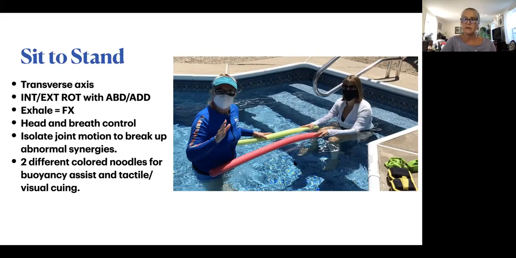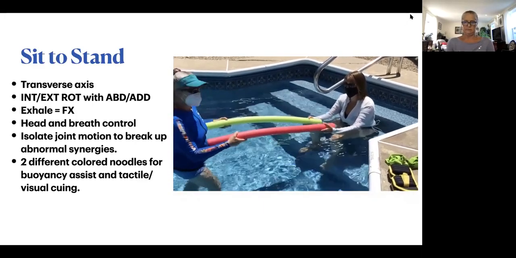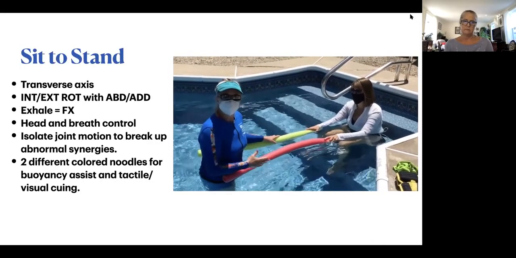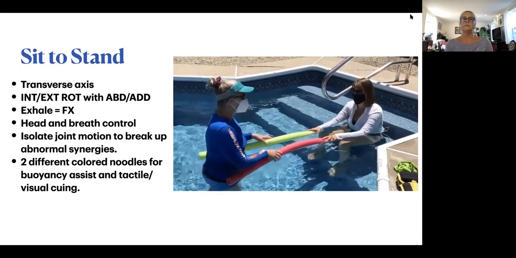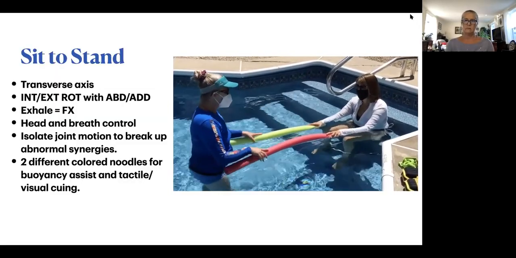So I break it down into small movements. We're using an extension. Not only does it offer really good tactile cueing, but it also gives the distancing that's required and a little extra support.